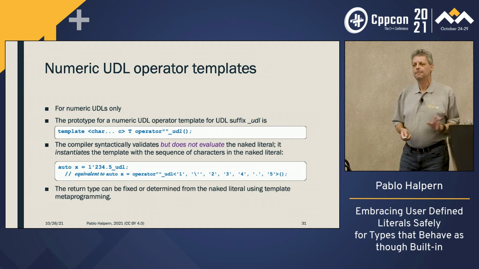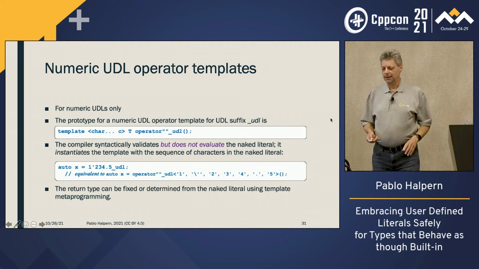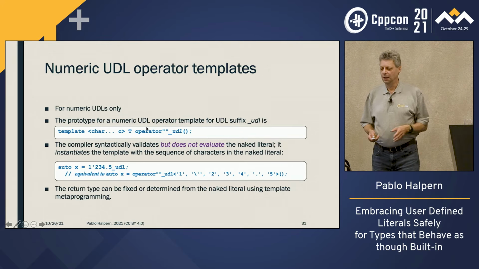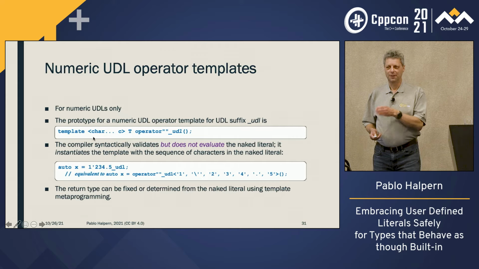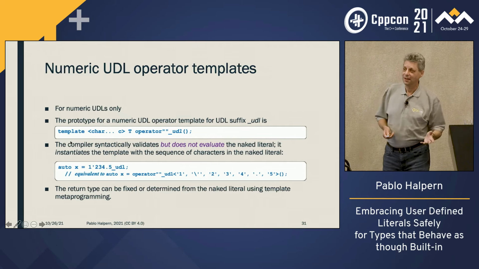A numeric UDL function template looks exactly like this, except of course, instead of UDL, it's whatever you want to name it. It's a parameter pack of characters. If you do not know variadic templates, this will be Greek to you. But it's a pack of non-type template parameters, and the non-type type is always char.